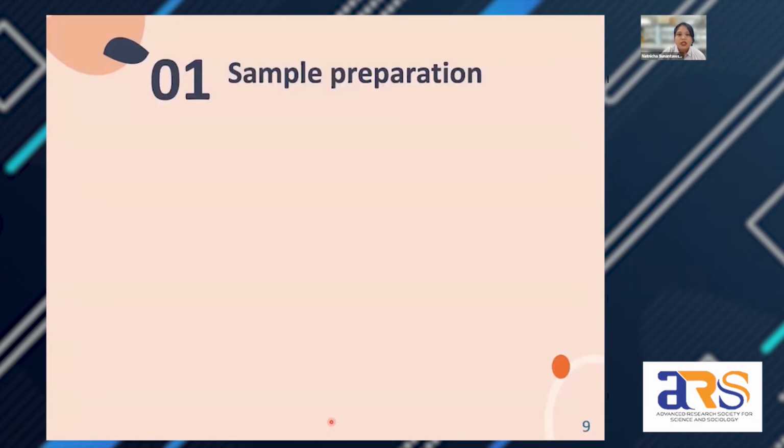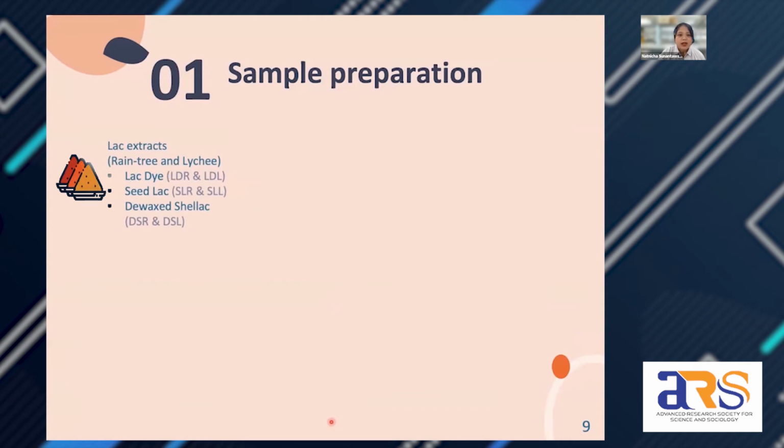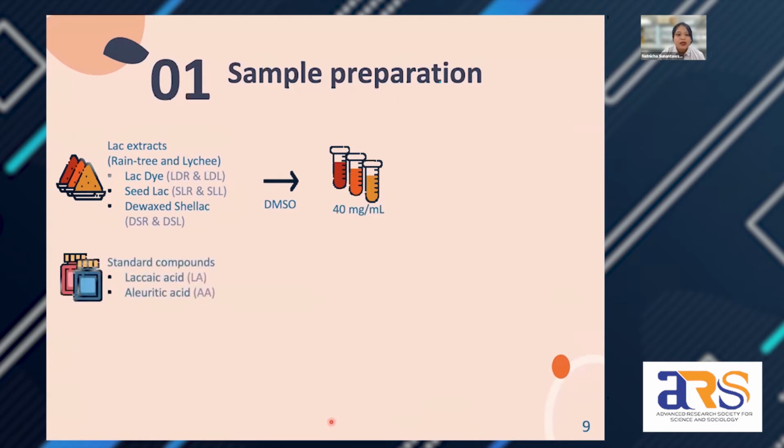For sample preparation, LAC extracts, lac dye, seed lac, and dewaxed shellac from 2 sources, rain tree and lychee tree, would be dissolved with dimethyl sulfoxide, DMSO, to 40 milligrams per milliliter, and standard compounds, laccaic acid and aleuritic acid, would also be dissolved in DMSO to 40 millimolar.